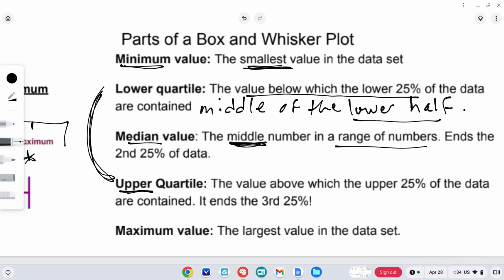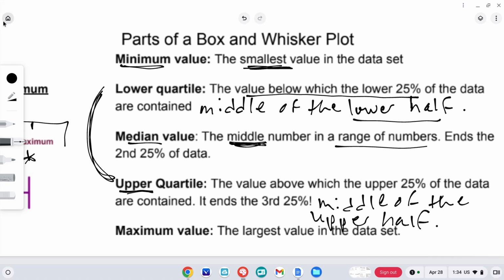Okay, so the upper quartile is the middle of the upper half, or the higher half. Middle of the upper half. Take a second to write it down. Pause it if you need to. And then the last piece of data we're looking for is the maximum value. Again, that's one of the easier ones to find because it's just the largest number in the list. Pause if you need to get caught up. Make sure all of this is on your paper.